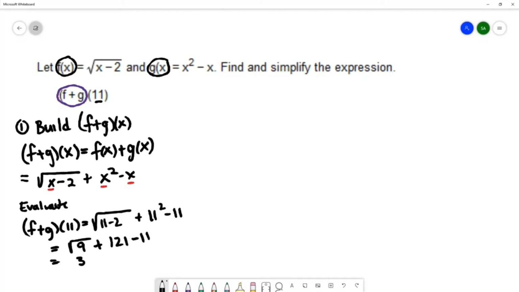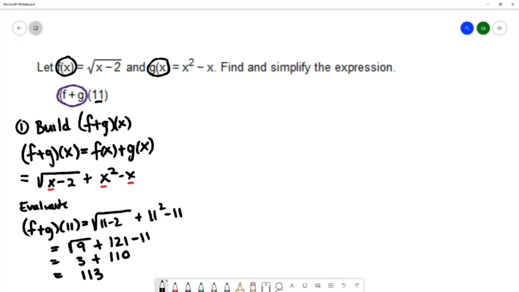Square root of 9 is 3. 121 minus 11 would be 110. And 3 plus 110 would be 113. So we found f plus g of 11 to be 113.